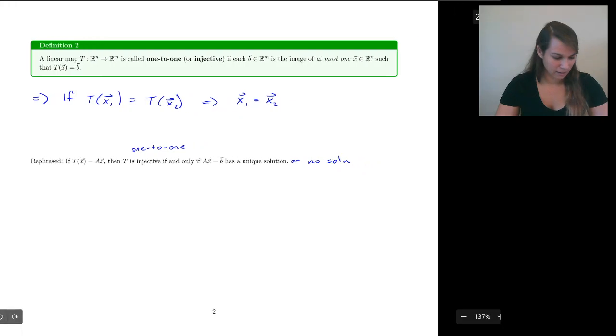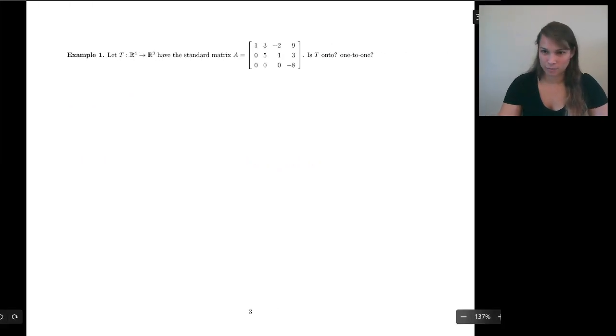Okay, let's look at an example. We have T mapping from R4 to R3, and we have the standard matrix A, which means we now know how T is being defined. And we want to know, is T onto, is it one-to-one? Let's start with onto. Let's remember what onto means.